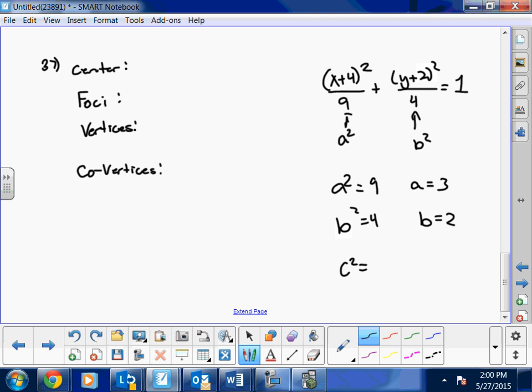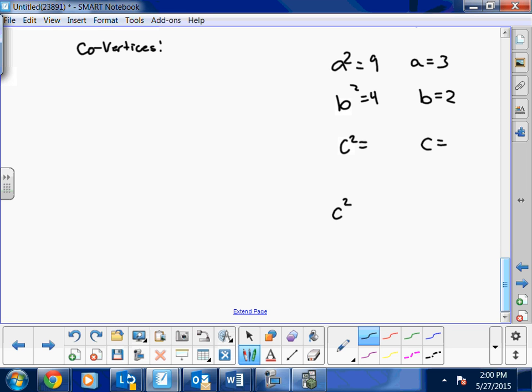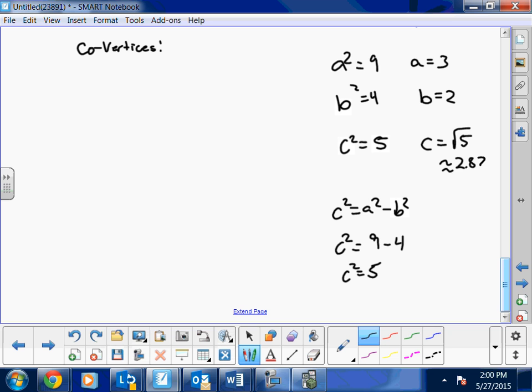C squared is going to be a function of these, because if you remember correctly, c squared is equal to a squared minus b squared. So c squared is going to be a squared, which is 9, minus 4. C squared is going to be equal to 5. So c is going to be the square root of 5, approximately 2.82. So we have all that down.